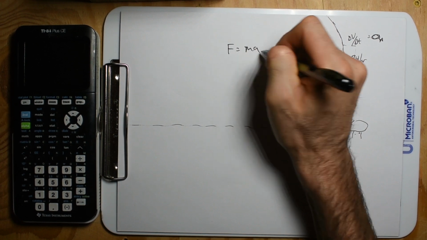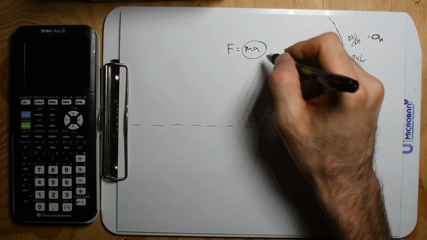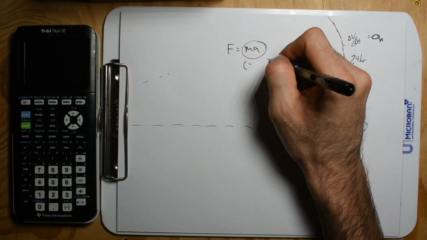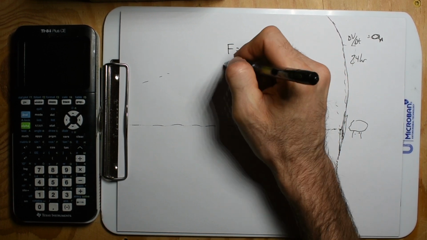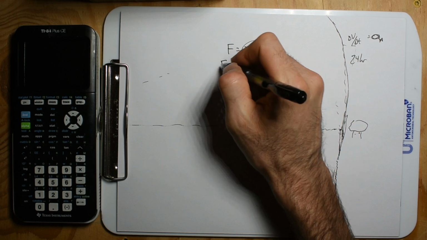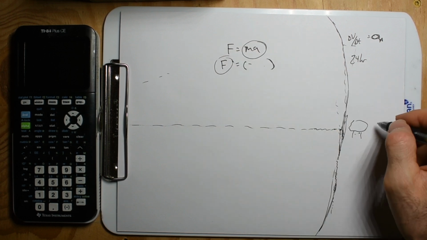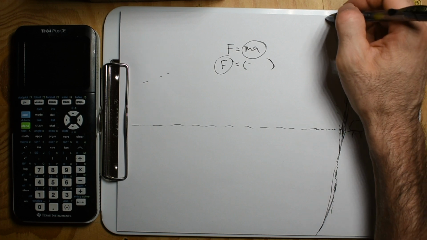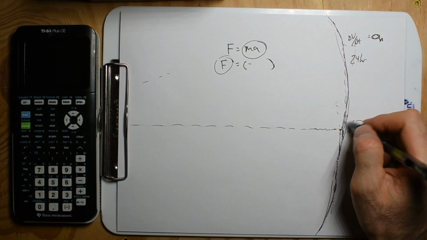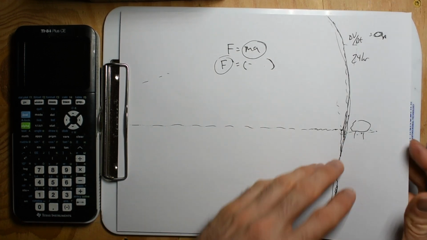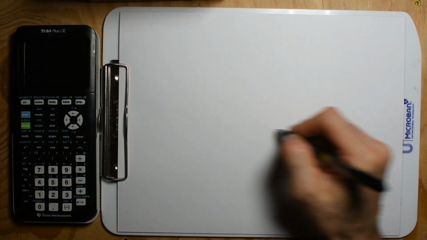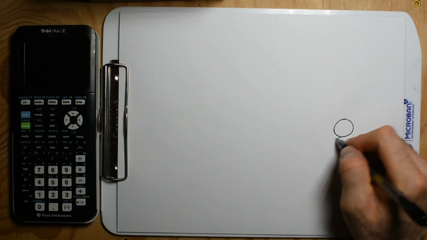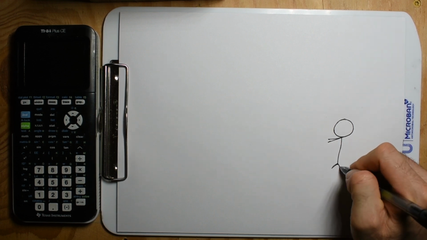F equals ma. This side was towards the negative side. And so you must have had a force in that negative direction, you know what I mean, holding you along the circle. And if we look at what's holding you there, well, this is you, and your arms are outreached.